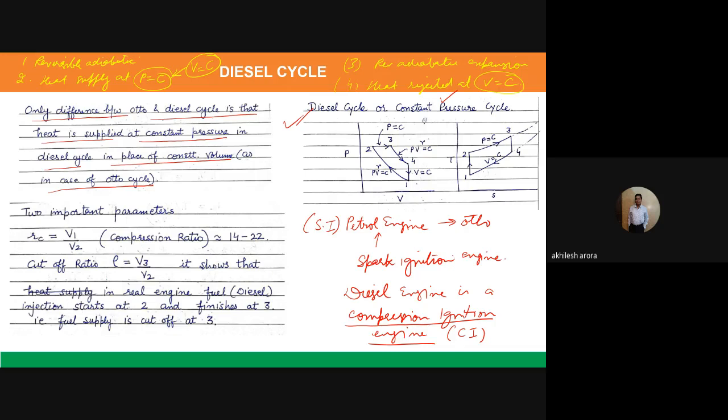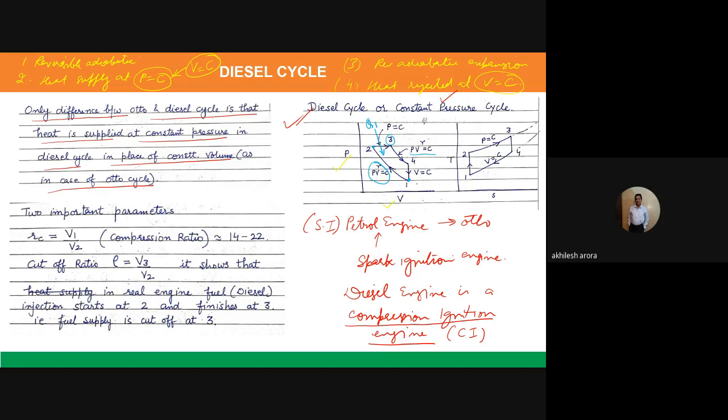So once again, you can see the diagram. The PV diagram is very similar to that of the Otto cycle. From 1 to 2 it is the reversible adiabatic compression process, PV raised to gamma is equal to constant. 2 to 3 is the heat supply, so we are supplying heat during this process, which I can call QS. 3 to 4 is the isentropic expansion, which represents the power stroke of a diesel engine.